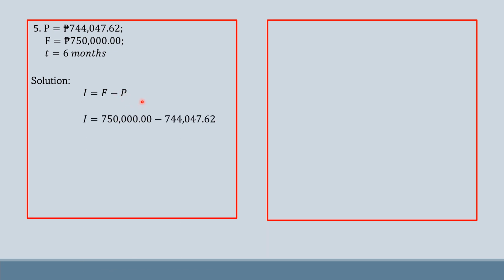Alright, so para naman po sa ating ika-fifth example, we have the principal amount, 744,047.62 pesos, with the final amount of 750,000 pesos, and the length of time is 6 months. So we'll use same formula for the interest equals final amount minus the present value.